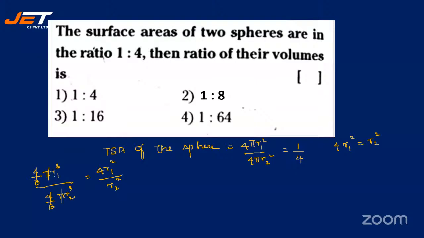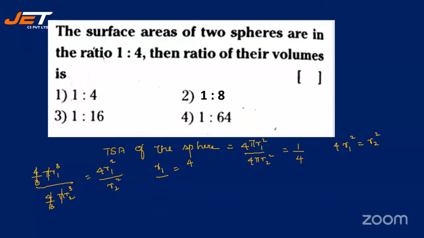So here we have R1 cube, here we have R1 square. So if we cancel, we will get R1, divided by this you will have 4 because R1 is already gone. Next, we have R2 cube. So even this will get cancelled, isn't it?